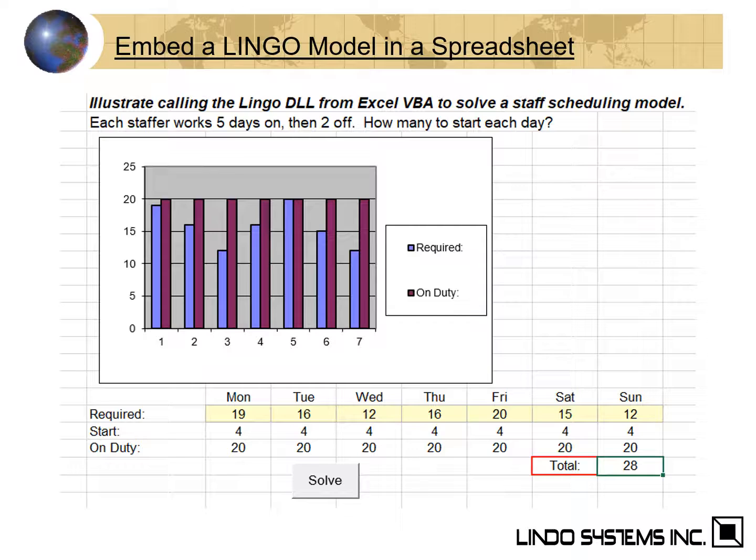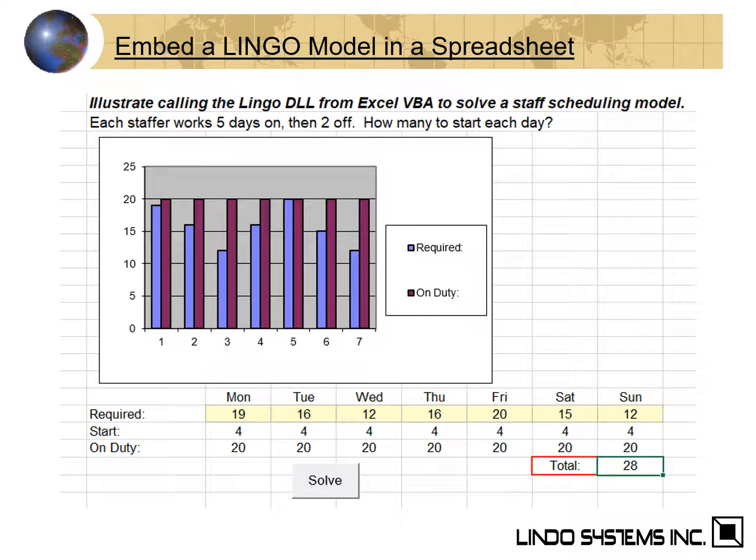Algebraic modeling languages, on the other hand, don't care very much whether you have 1, 2, 3, 4, or 5 subscripts on your variables. So you may be interested in using an algebraic modeling language when you have a complex, messy problem.